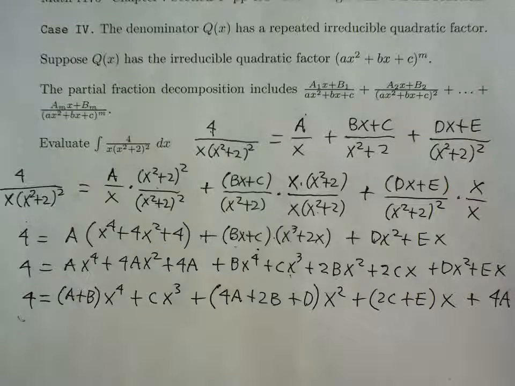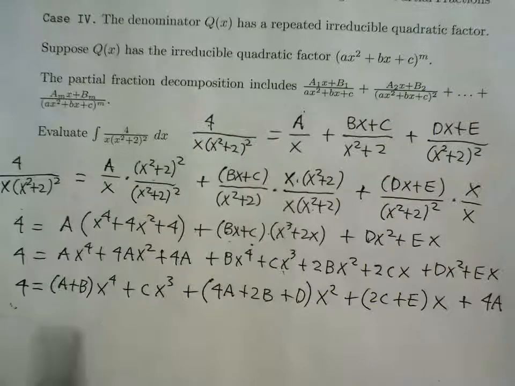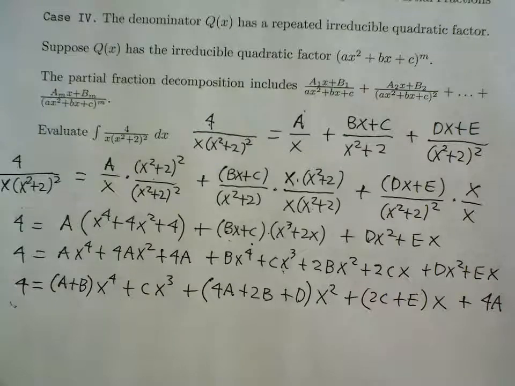So what's one equation I can write down? Okay, notice on the left-hand side, we just have the constant 4. There isn't an x to the 4th term on the left-hand side. On the right-hand side, we have the quantity a plus b times x to the 4th. So what must that mean?